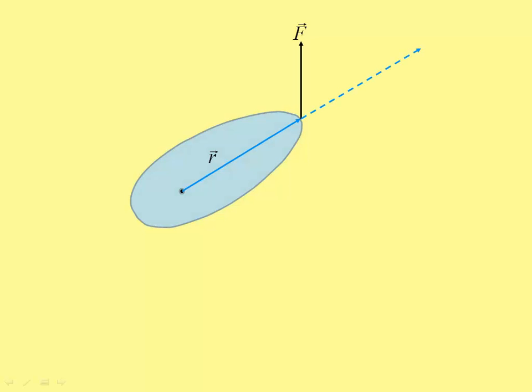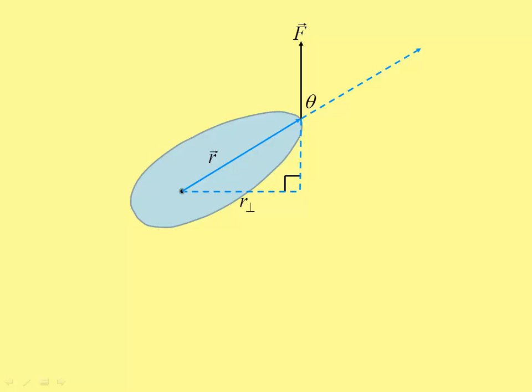Now here's R again, and we could look at this slightly differently. Okay? Instead of breaking F up into components, let's break R up into components. Right? There's the angle in between. There is the line of action of the force, the extension of the force. Right? And if I drop this across, notice that this is the part of R that is perpendicular to the force. Everybody with me there? R perpendicular is the part of R that's perpendicular to the force.